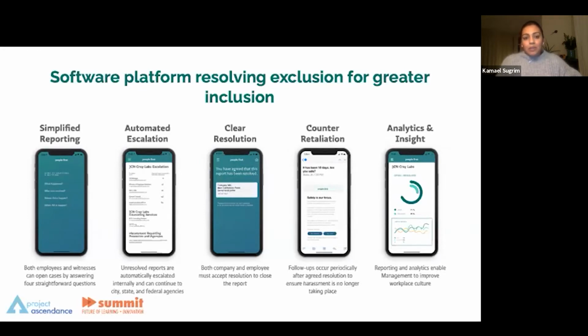And by understanding where you have exclusion, you can specifically work on fixing the things that are happening in your organization and that are unique to your organization. Every culture is different. Every organization has a different problem that they face in their culture. It's really important to have that specific information to know how to address the challenges that are really keeping you from having an inclusive workplace.